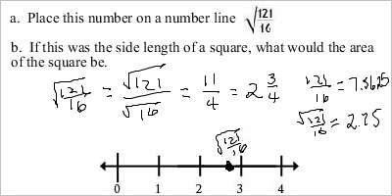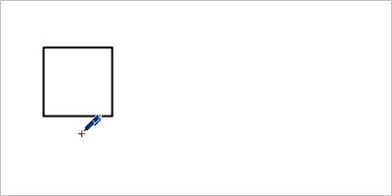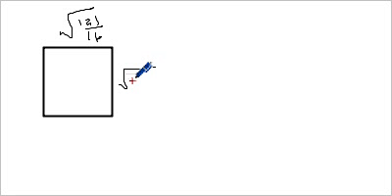The second part of this question says, if this was the side length of a square, what would the area of the square be? So what it's saying is, if we have a square like this and the side here is the square root of 121 over 16, because it's a square, we know that this side length also is the square root of 121 over 16, and the area of a square is this side multiplied by this side.